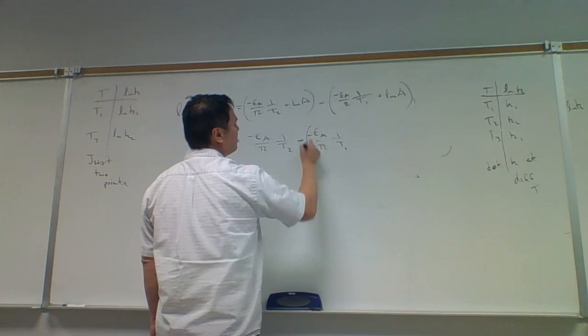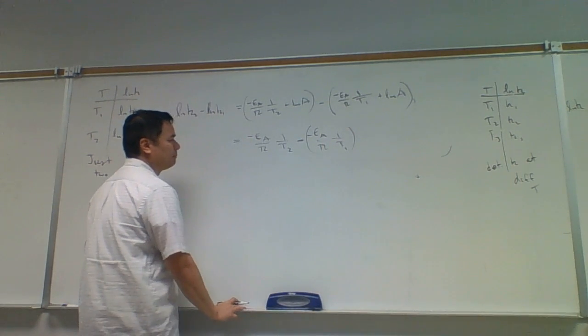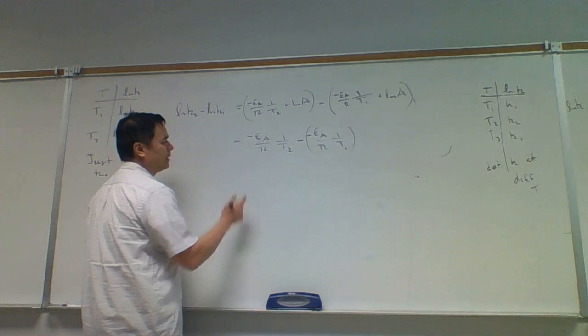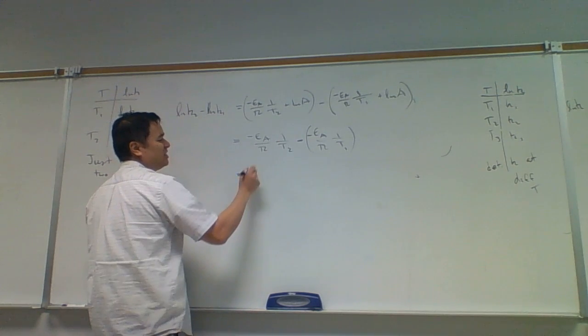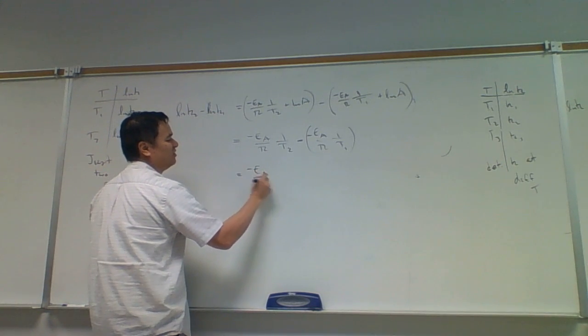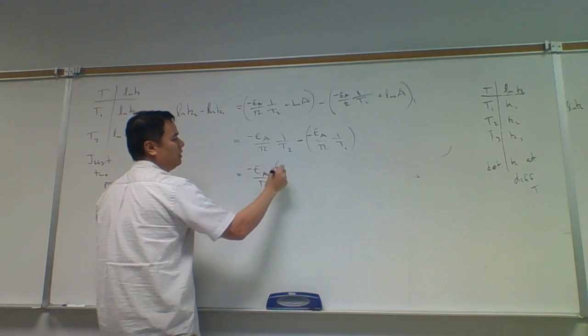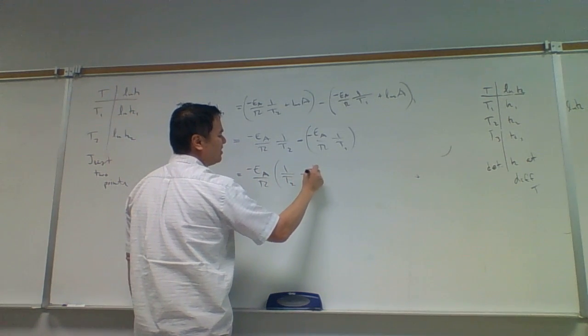Let's leave it at minus a minus. Petrucci doesn't like that, but that's okay. We're going to get minus Ea over R, 1 over T2 minus 1 over T1.